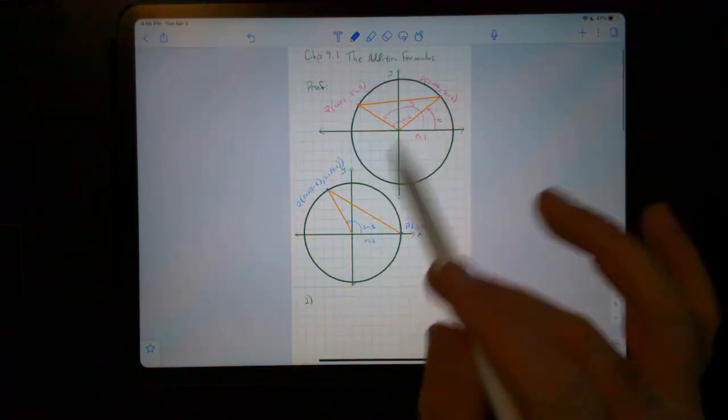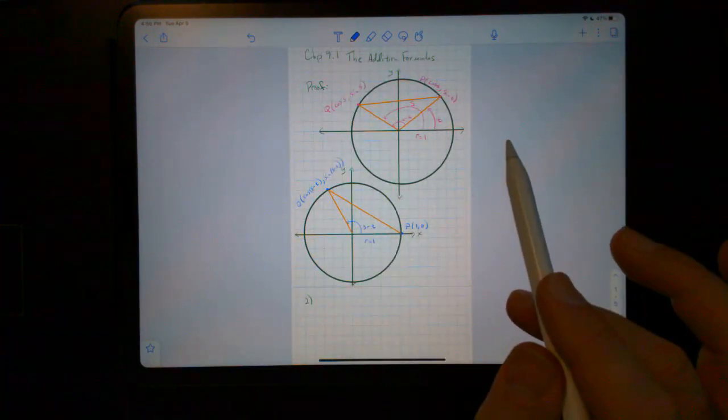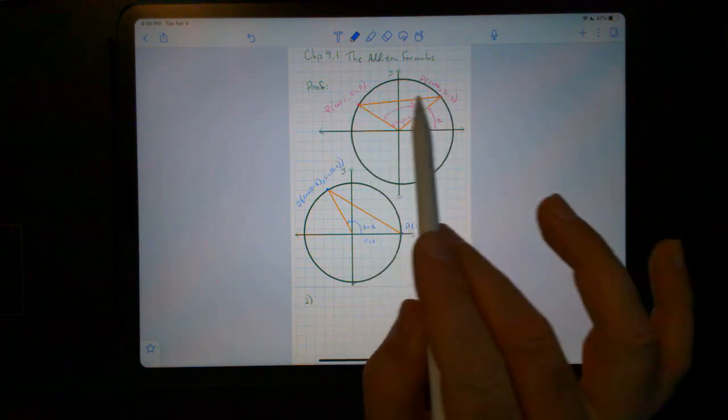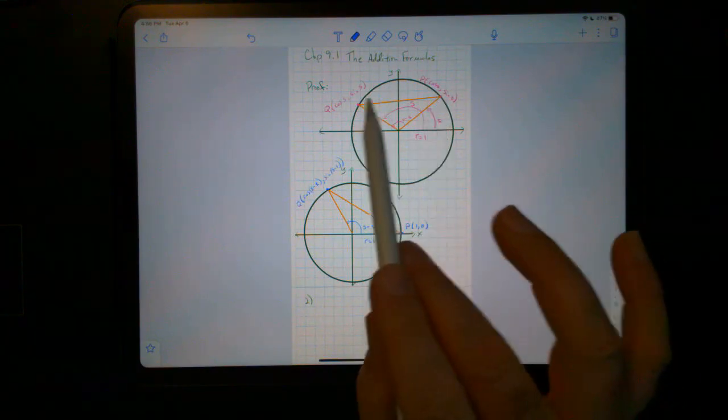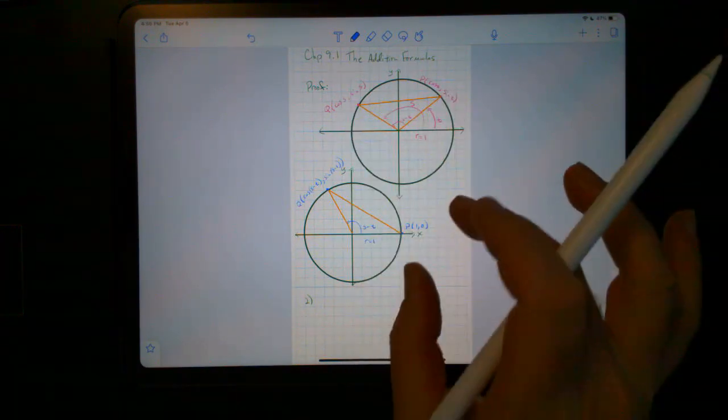So since it's the same triangle being rotated about the unit circle, this length PQ is the same in both triangles. Okay. What is the length PQ?